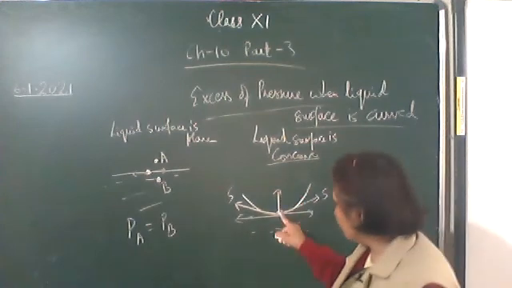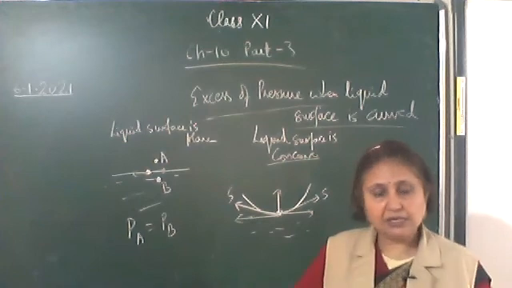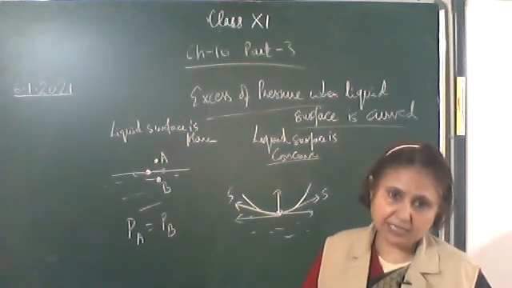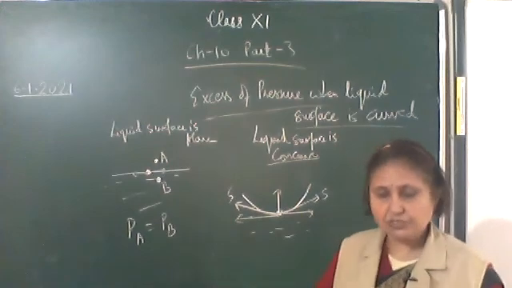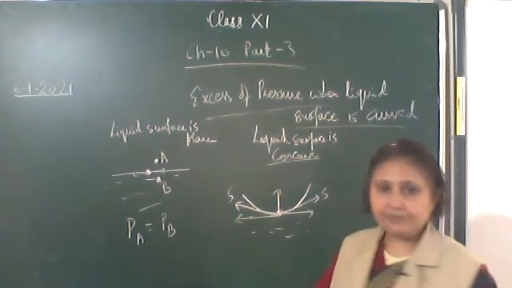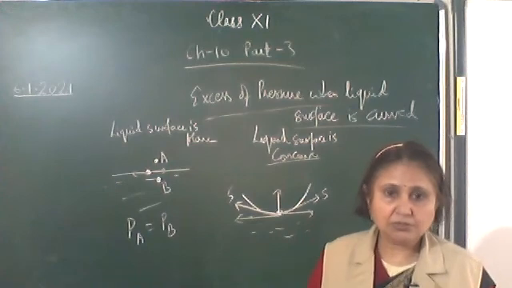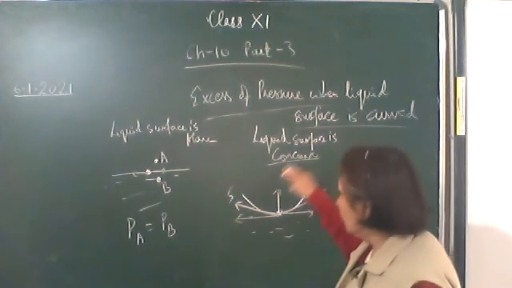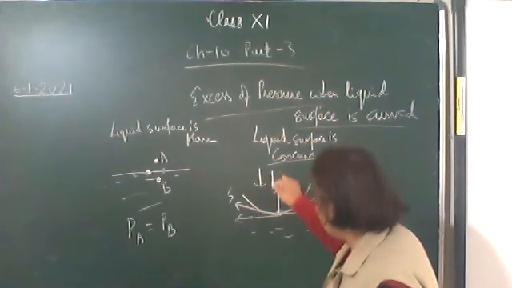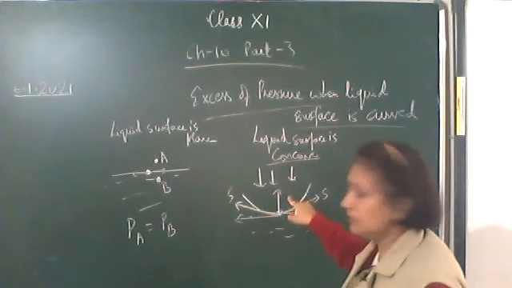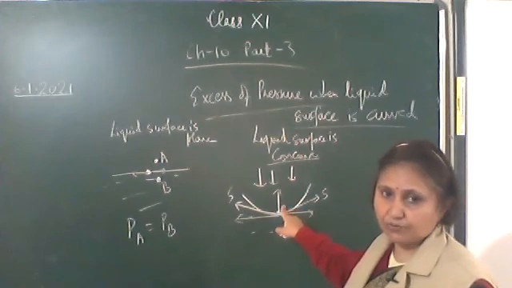Now due to this force of surface tension, the liquid surface should be lifted in the upward direction. Some force of surface tension is acting, any force acting, this surface should be lifted upwards, but it is not so. It means there is some extra pressure acting in the downward direction to balance this upward force.